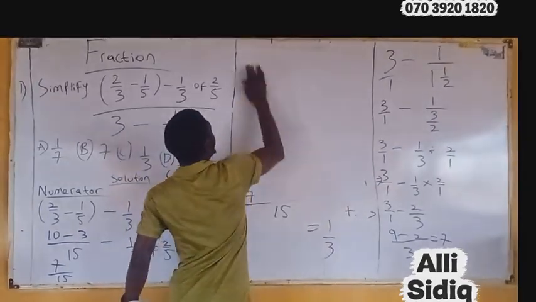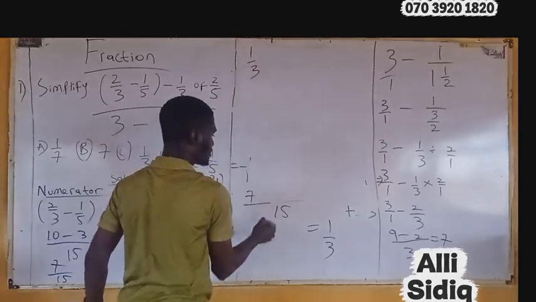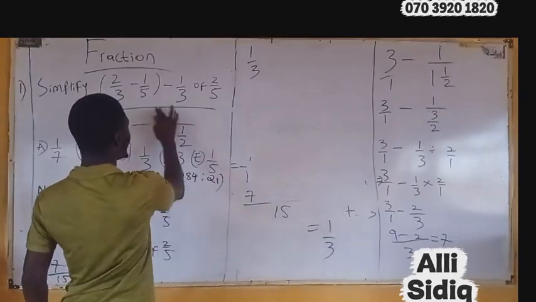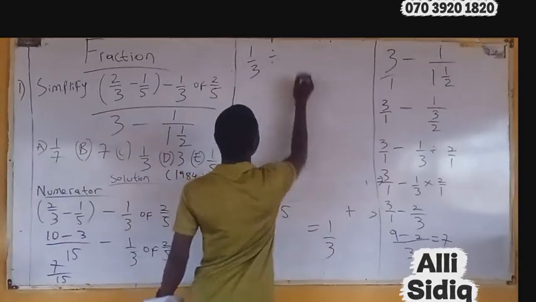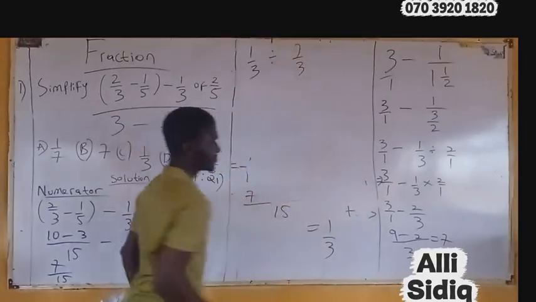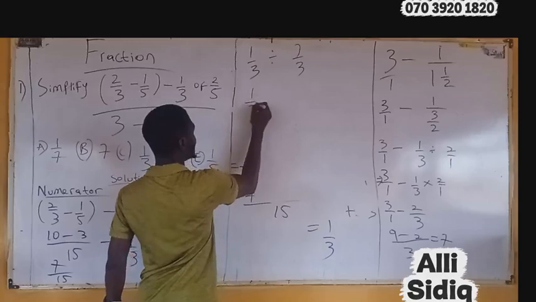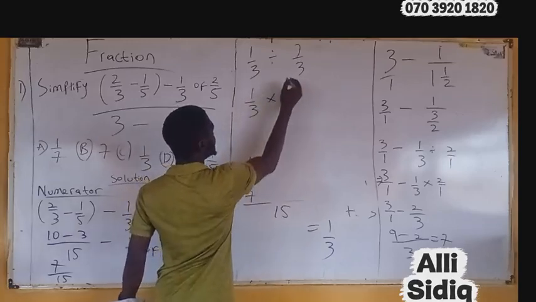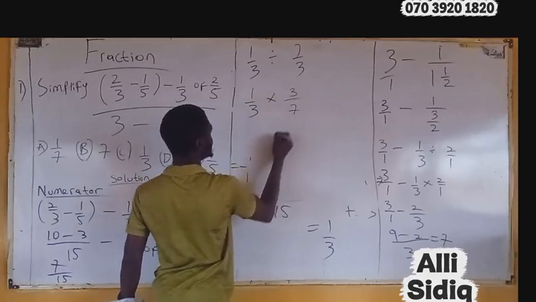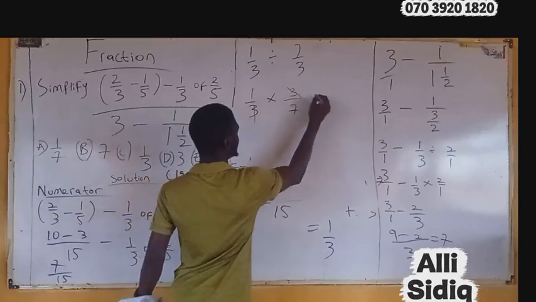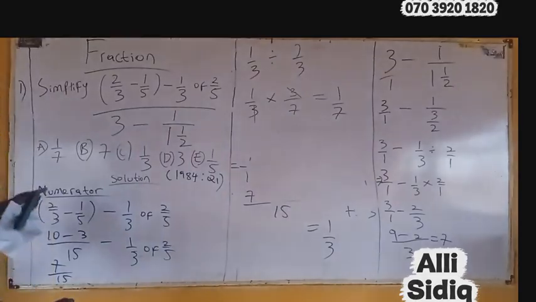My numerator is 1 over 3. 1 over 3 divided by 7 over 3. So this becomes 1 over 3 times 3 over 7. 3 here cancels, 3 here cancels. This becomes 1 over 7.